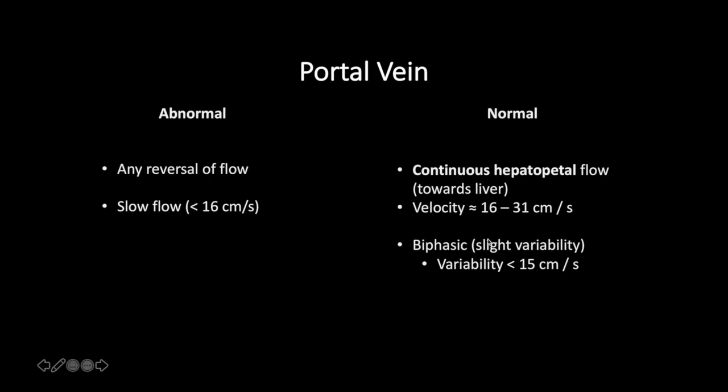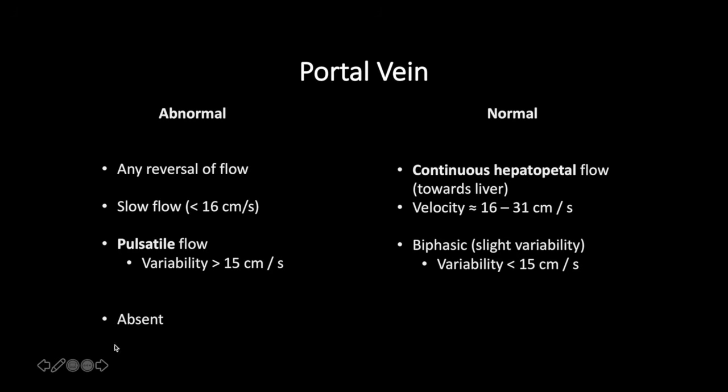We also said that normally there should be slight variability, and the variability should be less than 15 centimeters per second from the highest to lowest point. So we might also see an abnormality where the flow looks very pulsatile, so the difference between the highest point and the lowest point is greater than 15 centimeters per second. And then obviously, if you had completely absent flow, so slow flow that it's absent, that would also be abnormal.